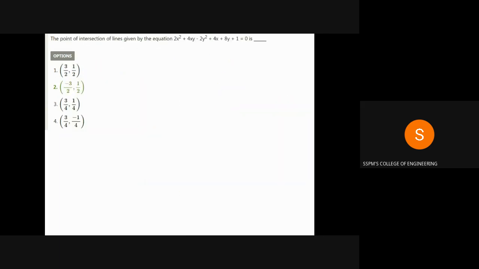Now, next question. The point of intersection of lines given by the equation 2x square plus 4xy minus 2y square plus 4x plus 8y plus 1 is equal to 0. So we have to find the point of intersection.